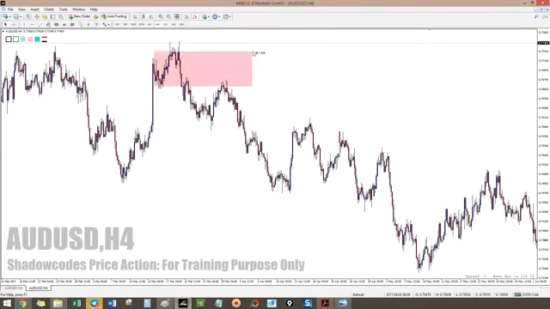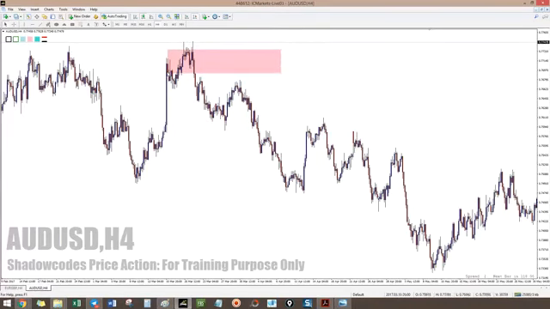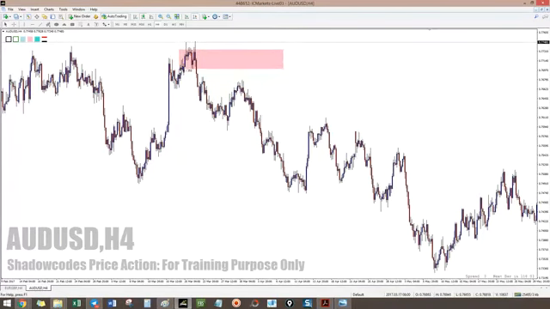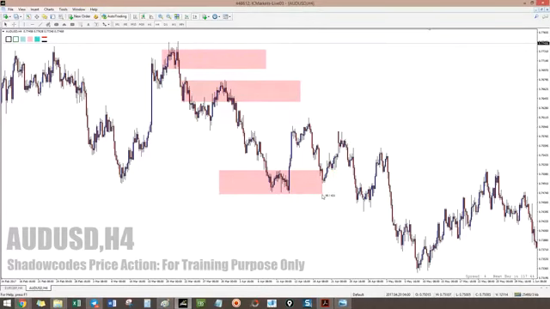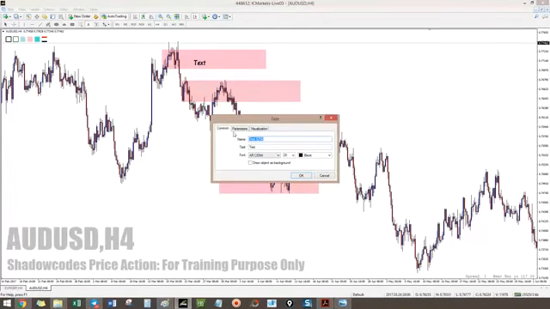This is a 1. A 2. A 3. No, structure breaker where? This starts the break. Distribution.